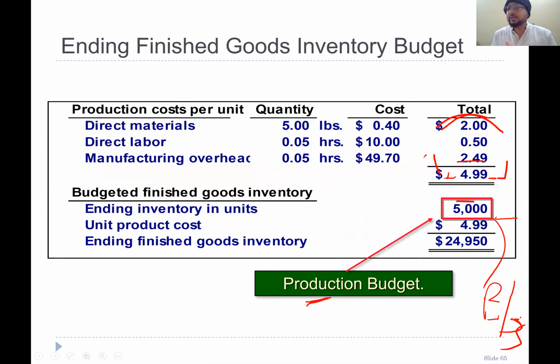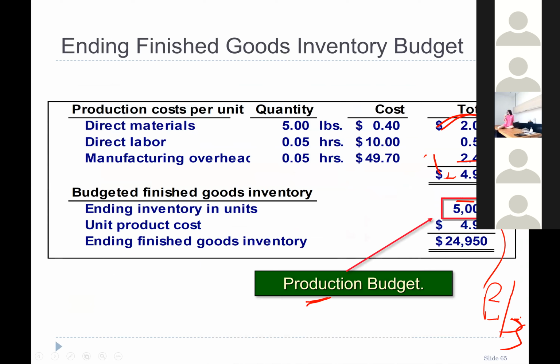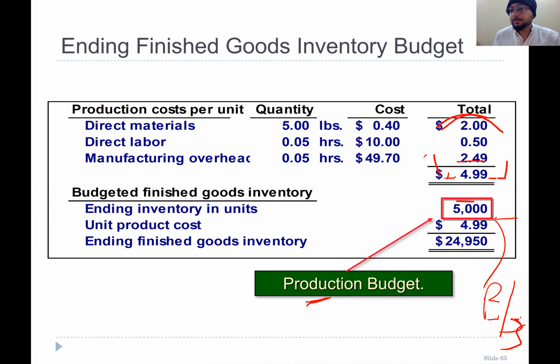So any question regarding making the product cost? David, Sipade, Christine, Min, Chandra? Everything clear?